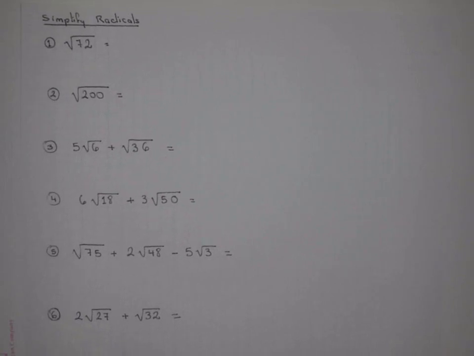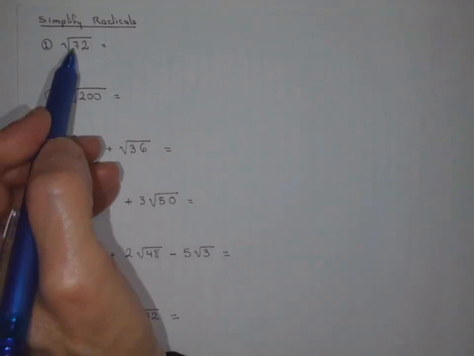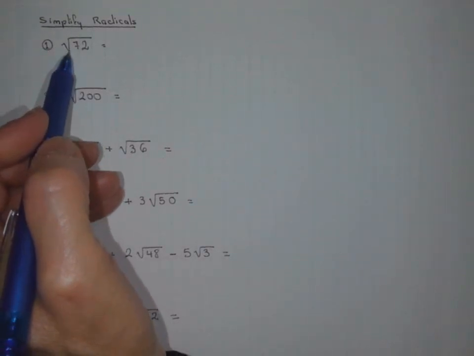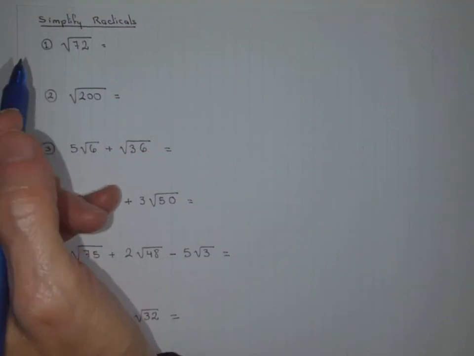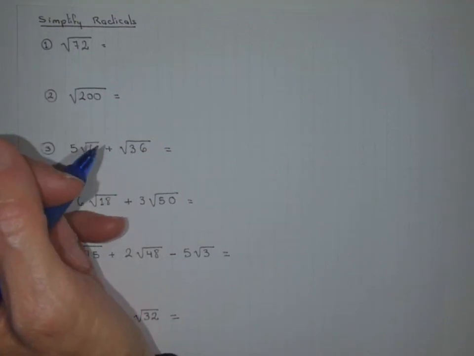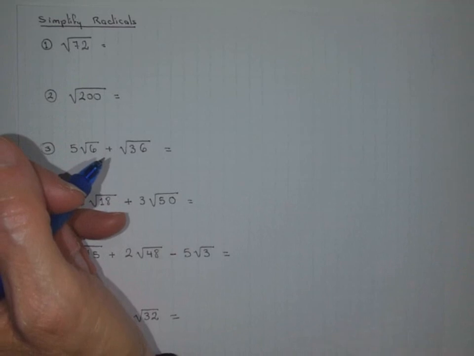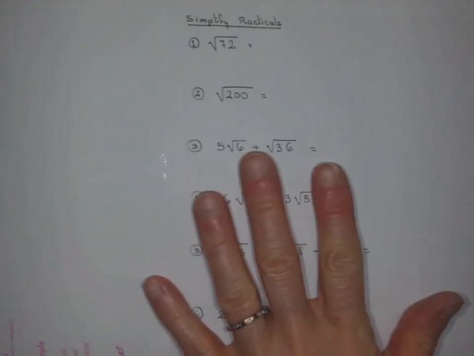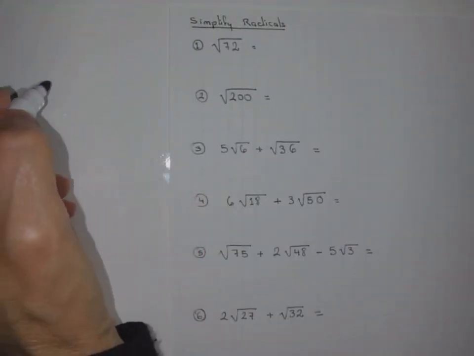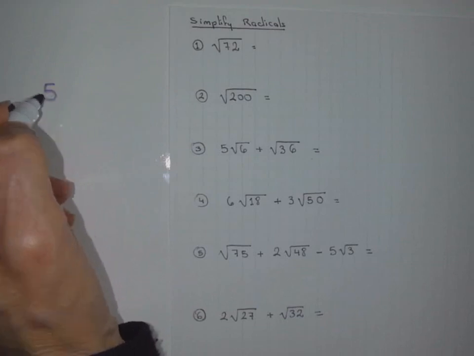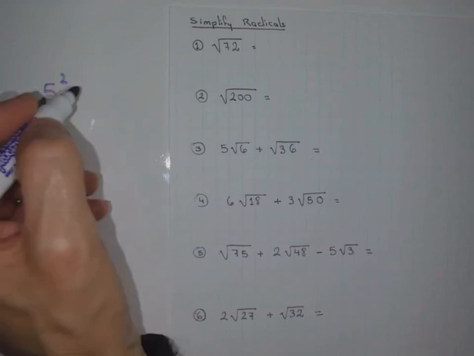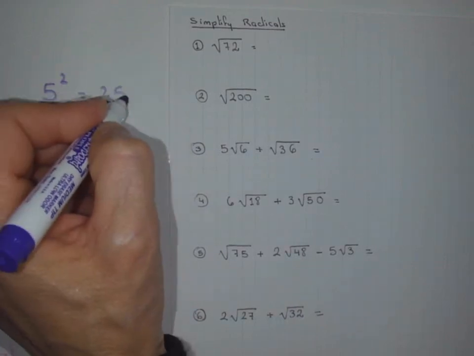When we're simplifying a square root, what we're trying to keep in mind is that we're trying to undo something that has been squared. What do I mean by that? If I take 5, for example, and I square it, that will be equal to 25.